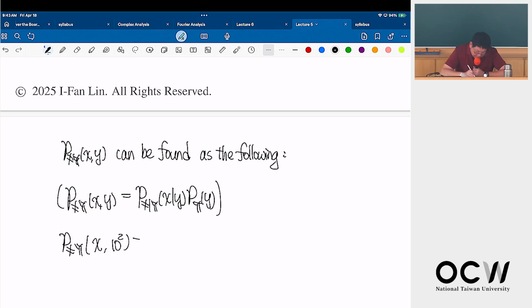That means the conditional PMF of x given 100 times the marginal PMF of y at 100.